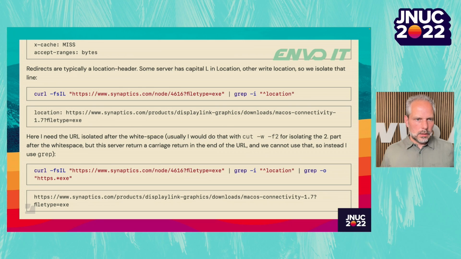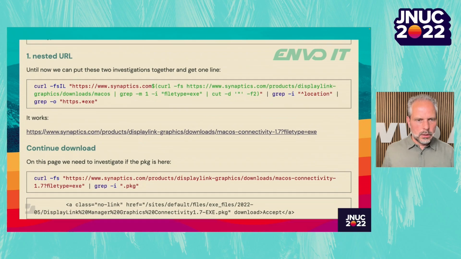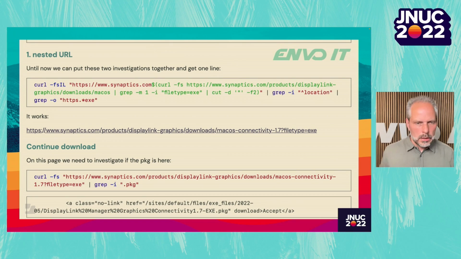Using -I and -L on the curl will do that. -I will return only headers. -L will accept the relocation, the redirect. Then I can grep for what has come out of that. If I grep with -o, I can say I want it beginning with https and ending with exe, with the regular expression .* in between, and then I get the full URL. Then I have to nest those URLs, and then I get a full first version of this download URL.